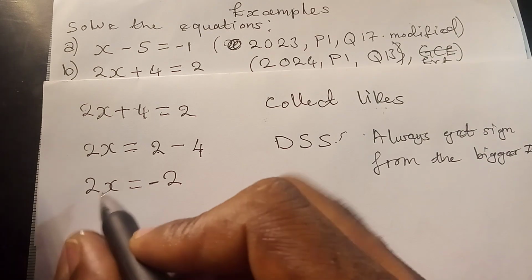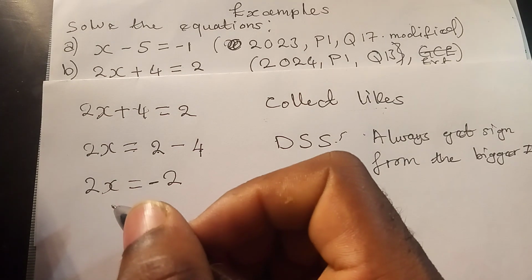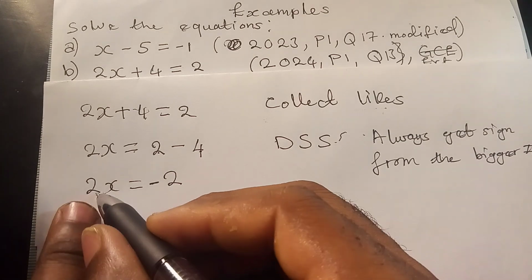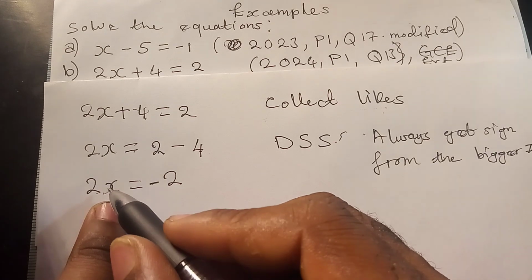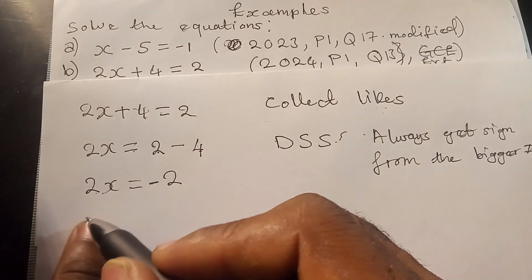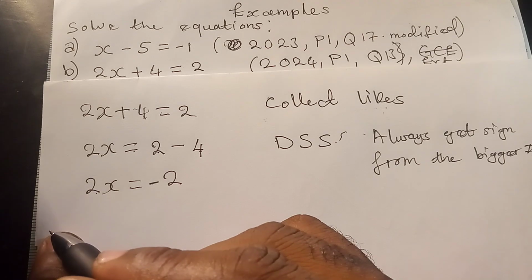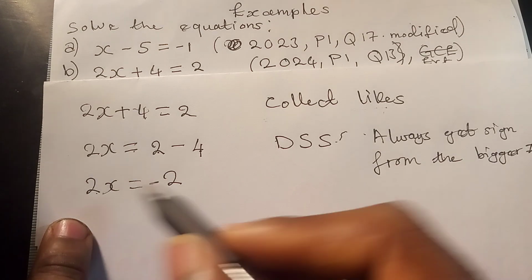And then you are solving for x. Sorry. You are solving for x, not for 2x. So now you want to make sure that x is the only variable standing on the left hand side. Everything else must be eliminated at this stage.